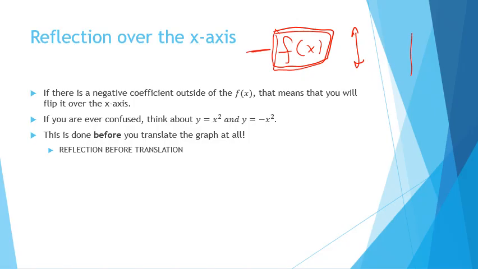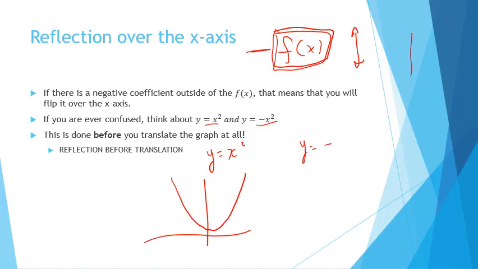So for example, take y equals x squared and then y equals negative x squared. Y equals x squared looks like this, just that parabola there. Y equals negative, and then you still have that function x squared. It's not negative x and that whole thing squared. So this is different than negative x squared.